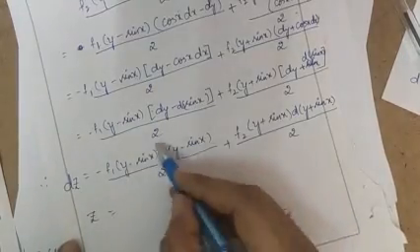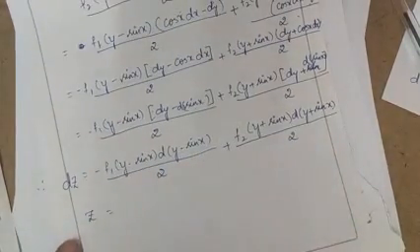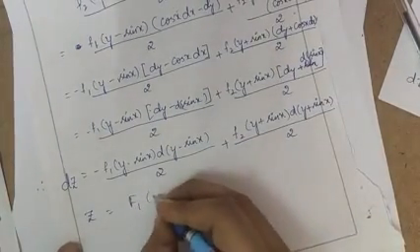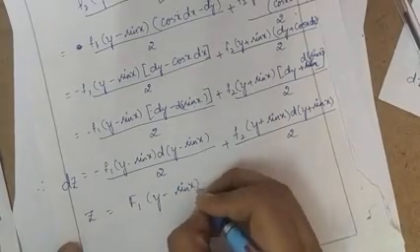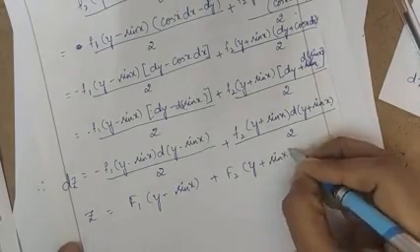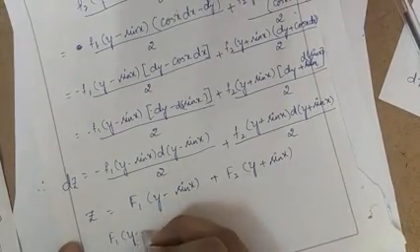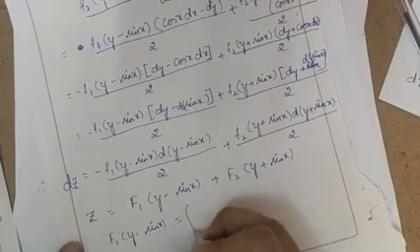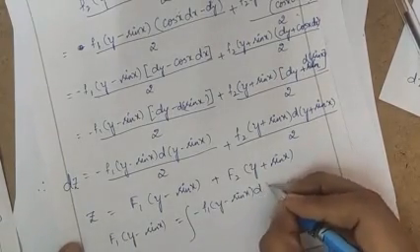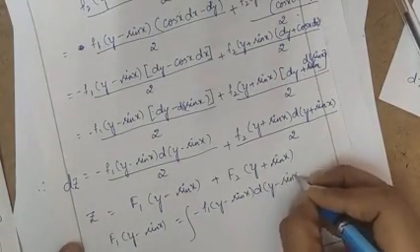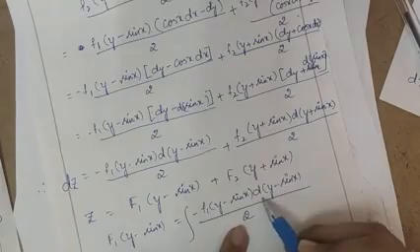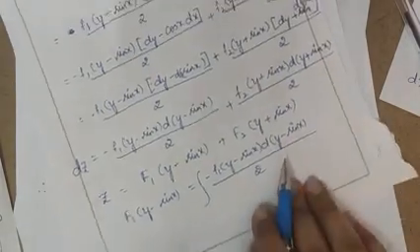Again, I don't know what this function is, so I will write it as f1 of y minus sin x plus f2 of y plus sin x, where f1 of y minus sin x is nothing but the integration of minus f1 of y minus sin x into d of y minus sin x, whole divided by 2, that is, integrate this function with respect to y minus sin x divided by 2.